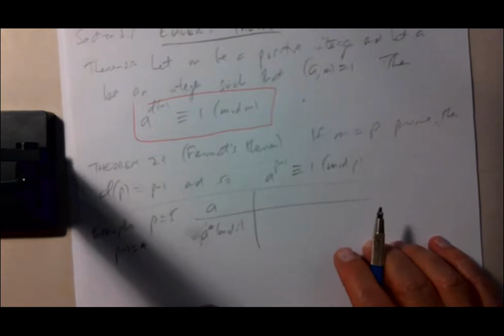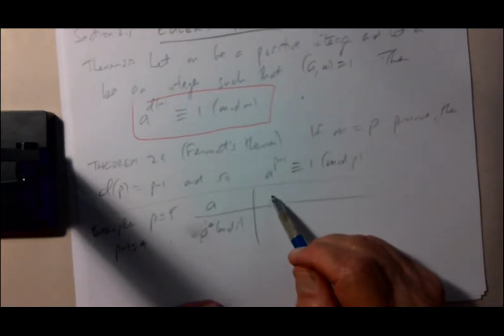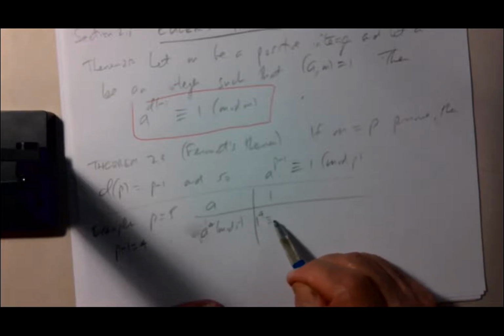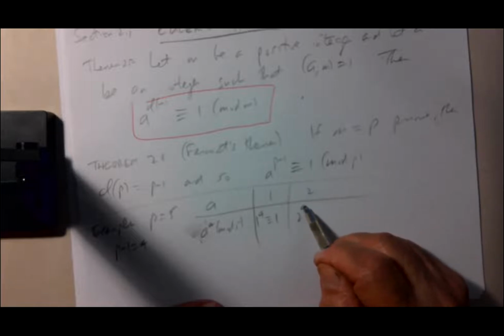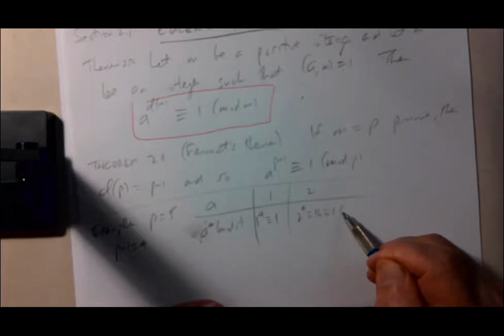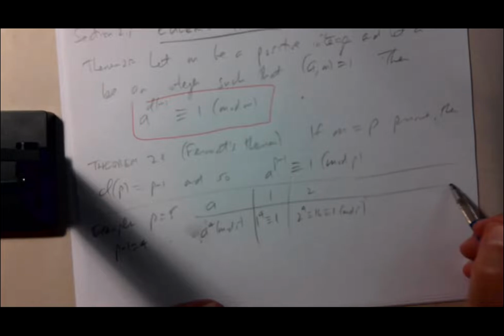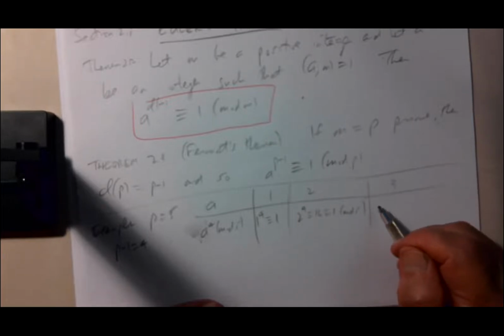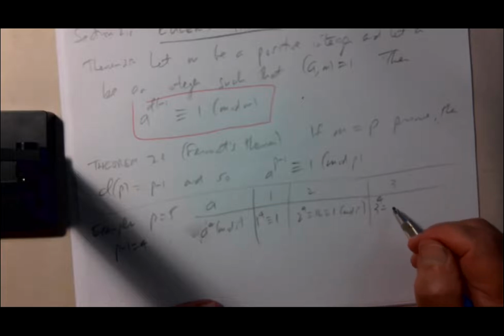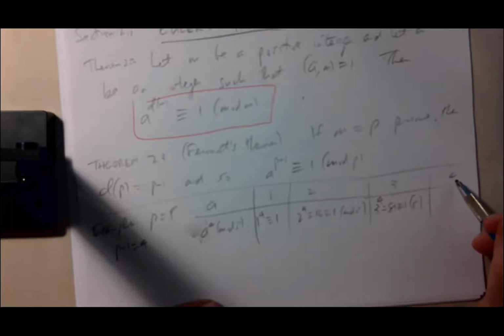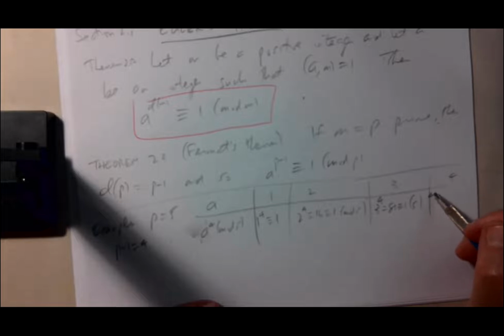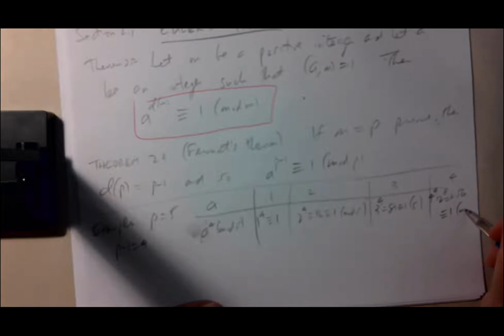What are the numbers relatively prime to 5? 1, 2, 3, and 4. If I take 1, 1 to the 4th is 1 mod 5. 2 to the 4th is 16, which is congruent to 1 mod 5. 3 to the 4th, 3, 9, 27, 81, is congruent to 1 mod 5. 4 to the 4th, which is 2 to the 8th, is 256. Take away 1 is 255. So this is congruent to 1 mod 5.